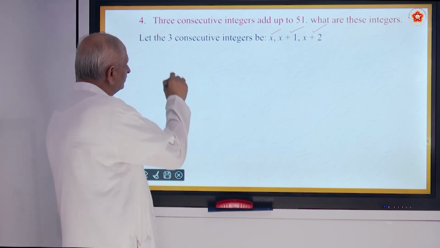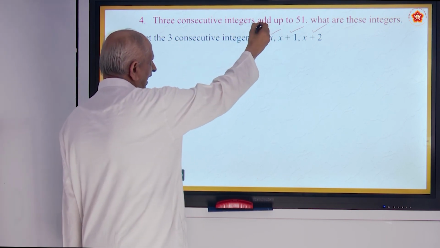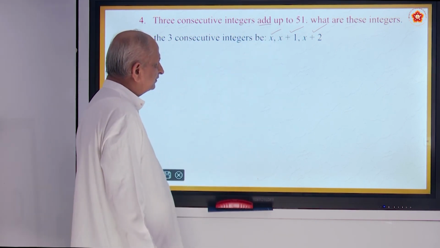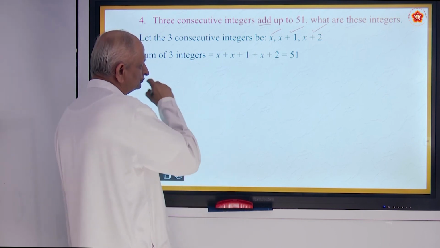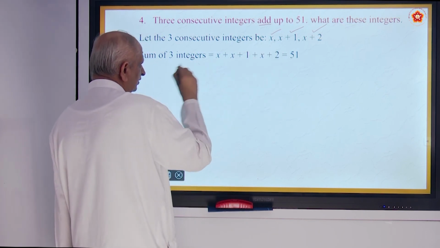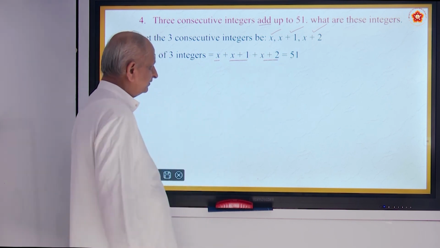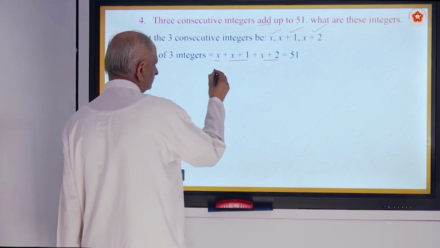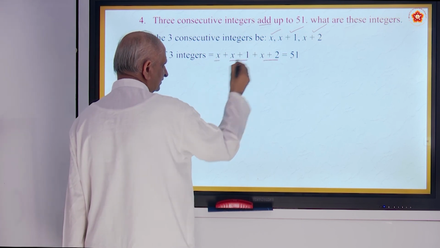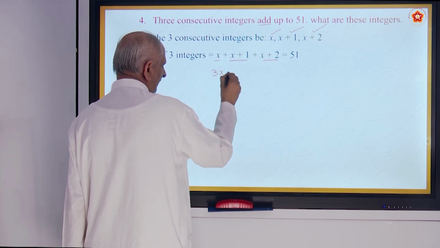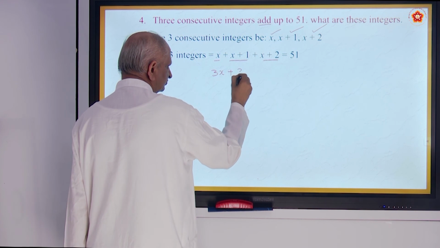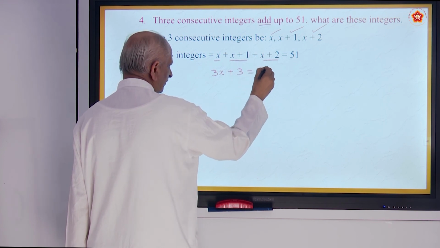So, the sum of the 3 add up to, what? You are adding, that comes to 51. First number, second number, third number, added. How many x here? x plus x plus x, 3x, plus 1 plus 2, 3, is equal to 51.